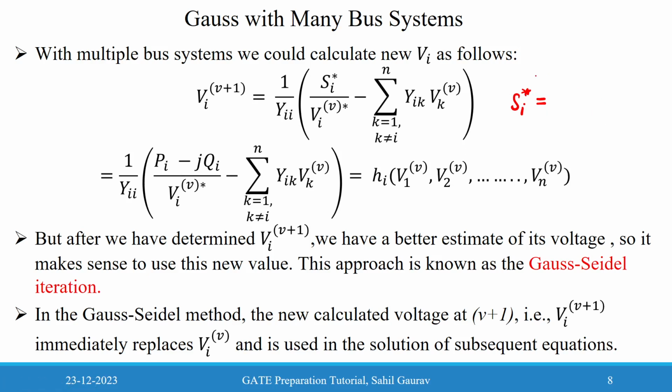So don't worry, you can refer to the previous video. This is very easy. You have to apply the power injection and current injection for a multiple bus system and just apply KCL, and you will get this expression. Just remember this expression.